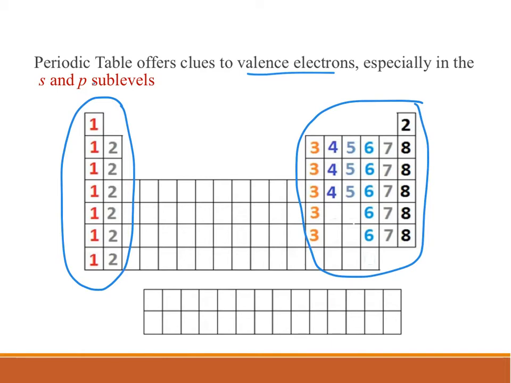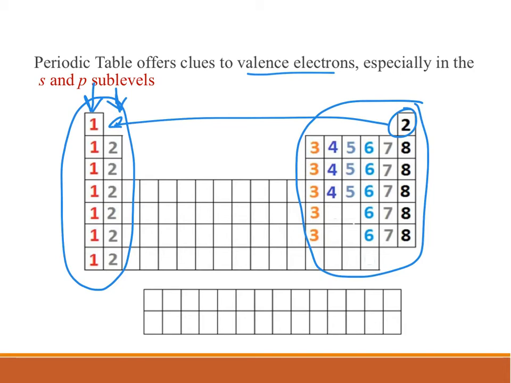So we've got our 1s electrons falling in this first column, or the first group, and then we have 2s electrons in the second group. Remember, helium actually belongs over here, even though as a non-metal we put it in with the noble gases, because that's where it falls chemically, but it contains just s orbital electrons.